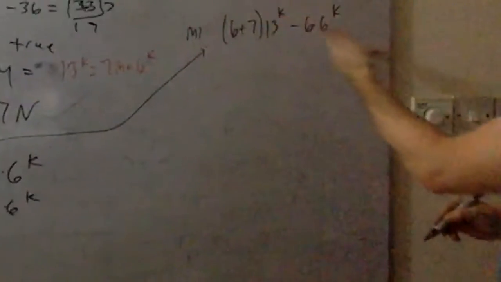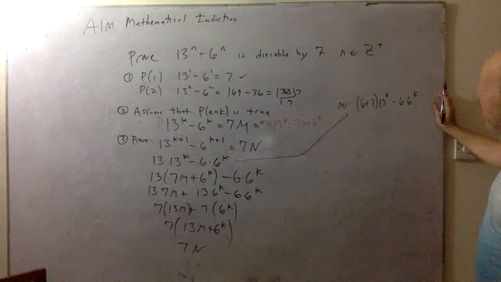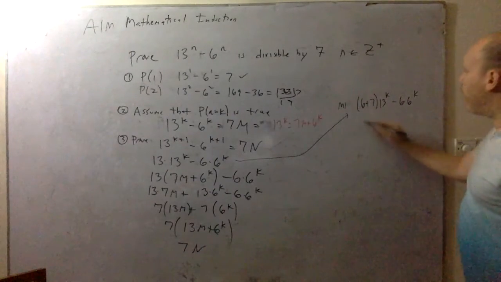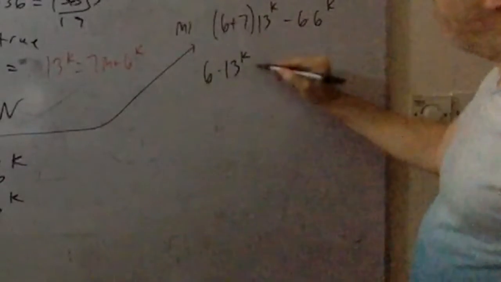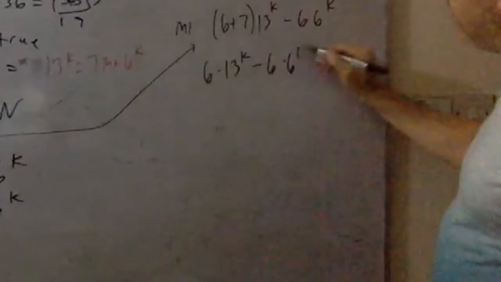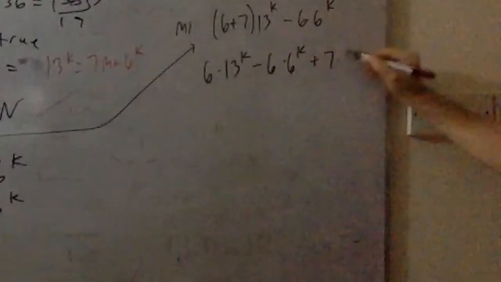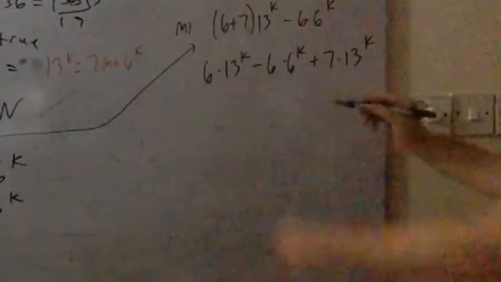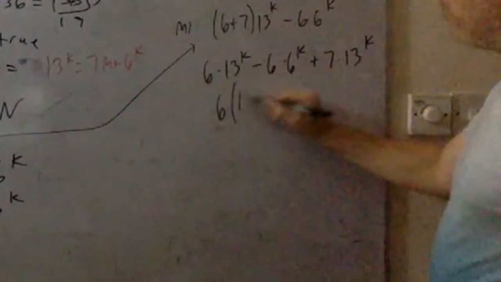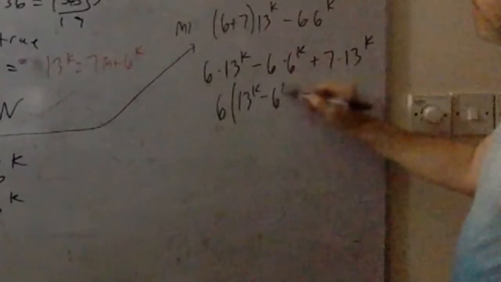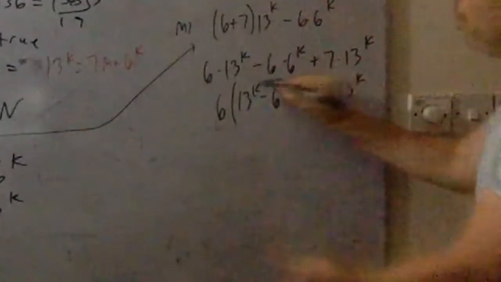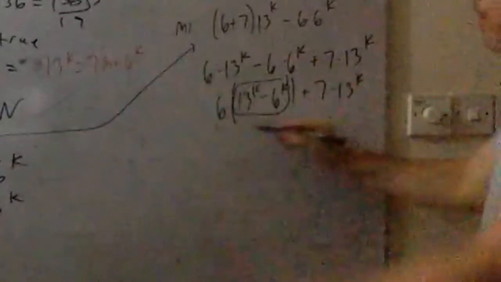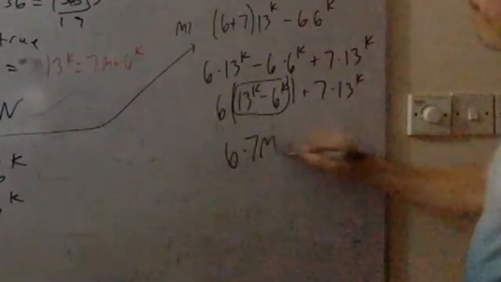And then you see that that works out nicely, because you have 6 times 13^k minus 6 times 6^k plus 7 times 13^k. If you factor out the 6 here, you're left with 13^k minus 6^k plus 7 times 13^k, you notice that this whole thing, based on the assumption, is equal to 7m.